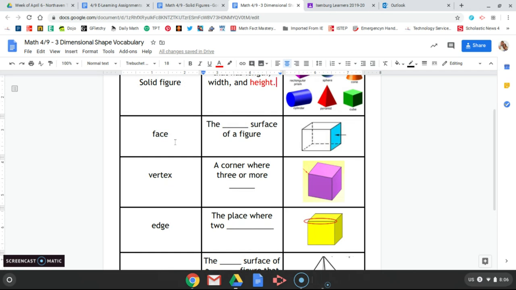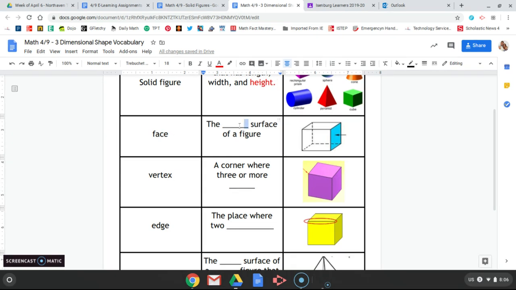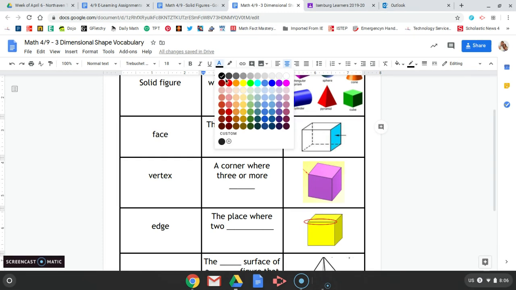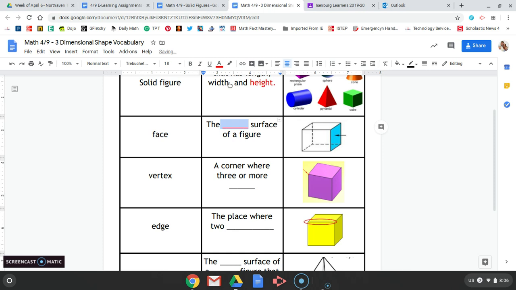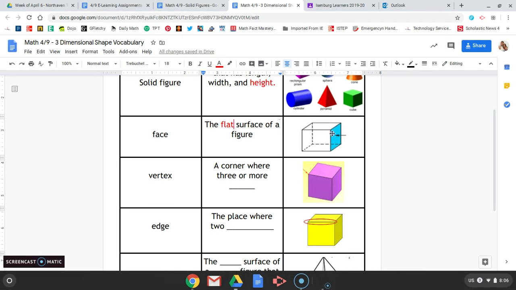The next word we need to talk about is a face. Okay, now this is not like the face on your head. Shapes have faces too. When we're talking about mathematical shapes, a face is the flat surface of a figure. If you look at the picture, see how the arrow is pointing to one of the sides of this shape.